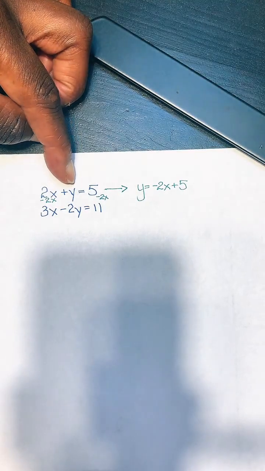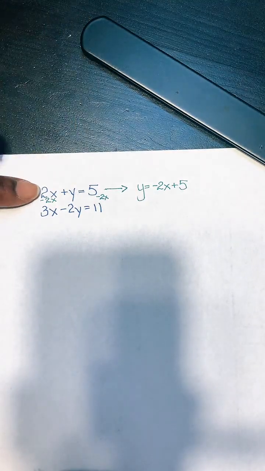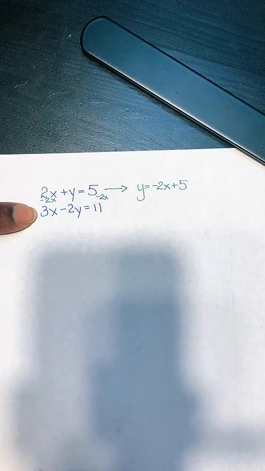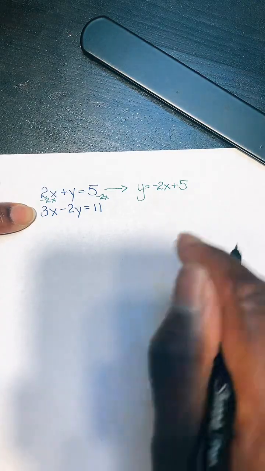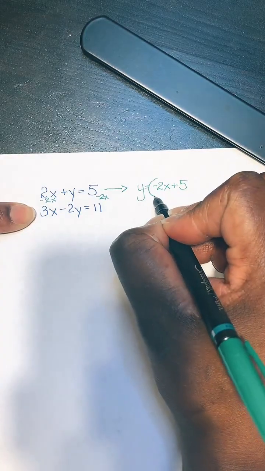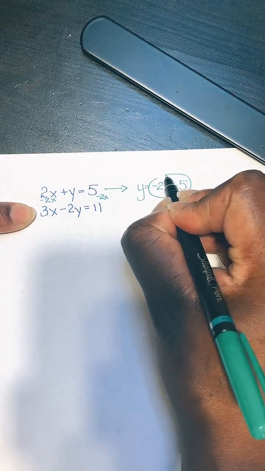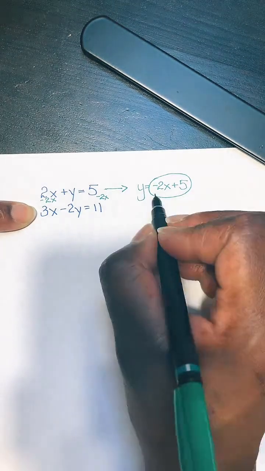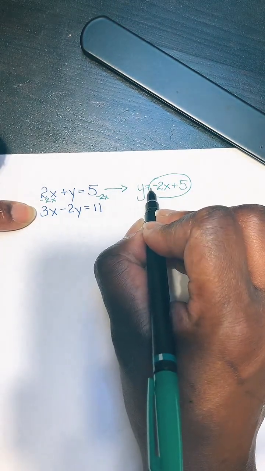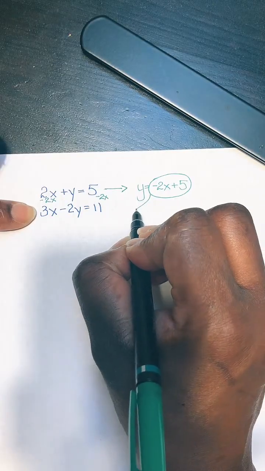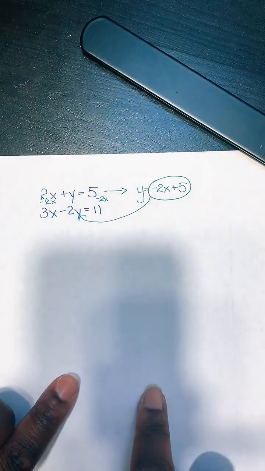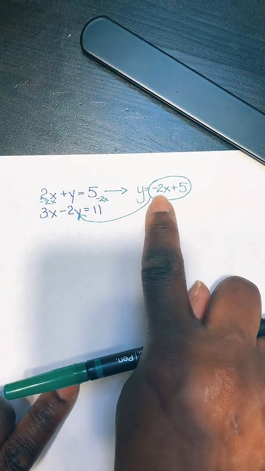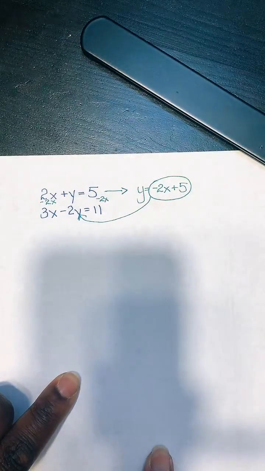So now, since we altered that first equation, the second equation is going to be the recipient of what y equals. So y equals negative 2x plus 5. That means this negative 2x plus 5 is going in for the y. So y is going out of the game and negative 2x plus 5 is coming into the game.